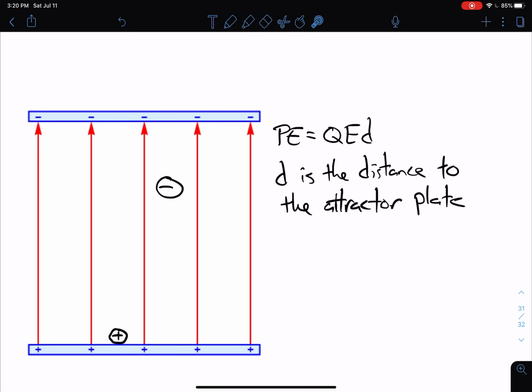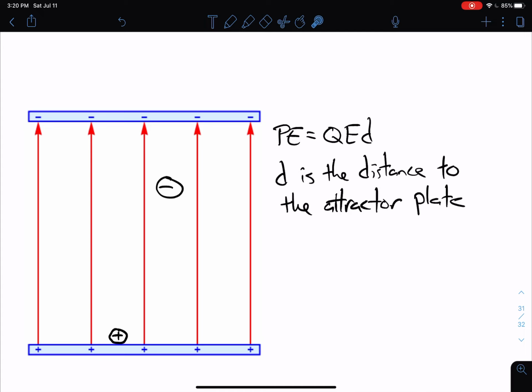Notice, by the way, for this formula, Q is capitalized. So we're doing the charge magnitude. And that means that the potential energy, whether it's a positive charge or negative charge, is going to be positive. The key thing to take note of is that the potential energy is directly proportional to the charge's distance from the attractor plate.